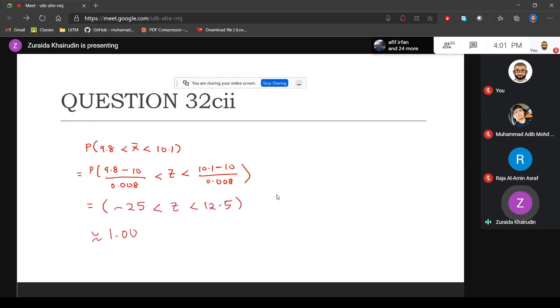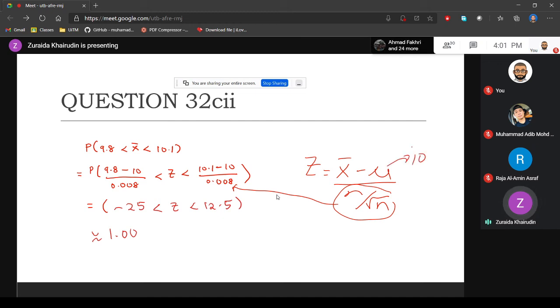So what you do next is probability mean internal diameter, X bar. To change X bar to Z, you have to use the formula. What's the formula just now I said? Z equals X bar minus mu over sigma over root n. Sigma over root n from your previous calculation is 0.008.